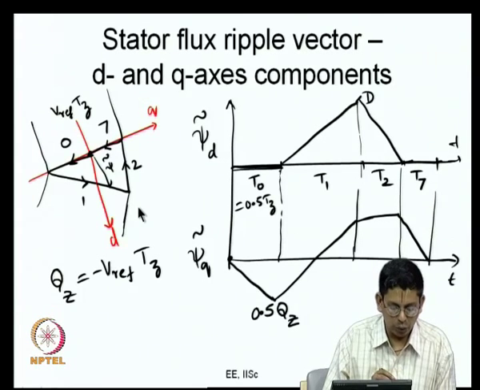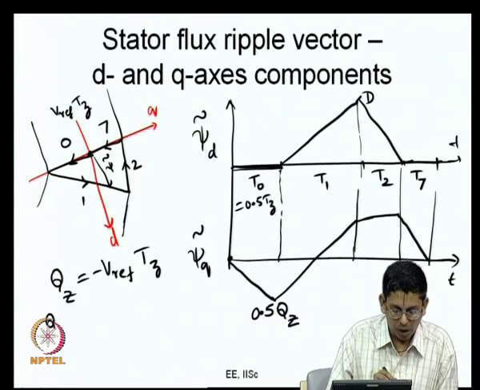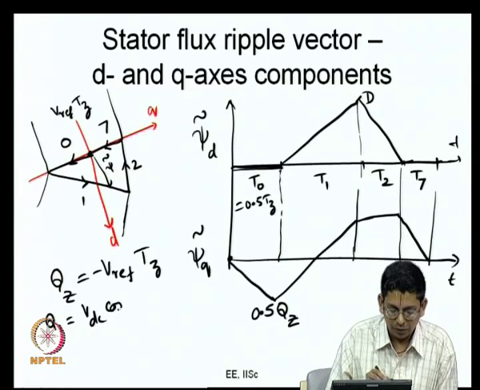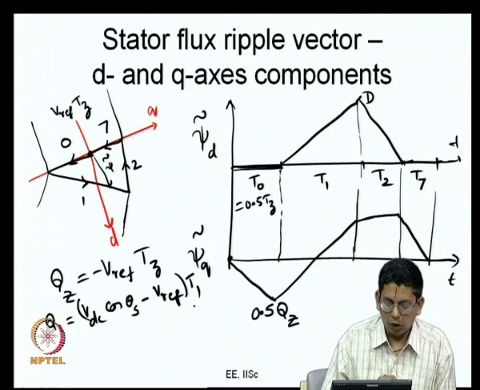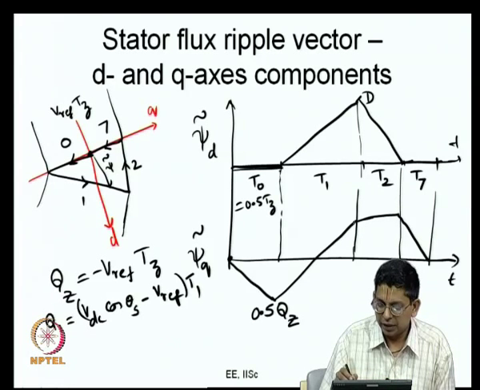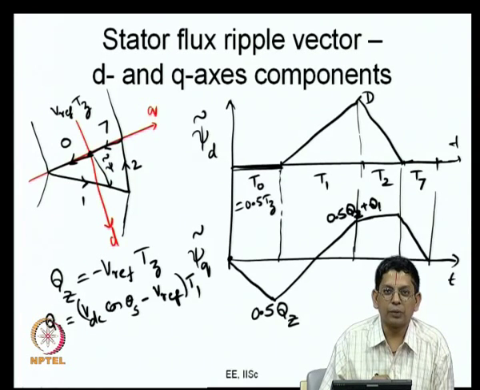If you look at its q axis component, q 1 is V d c cos of theta s minus V reference times T 1. So what would be your q axis value at the end of it? It will be 0.5 q z plus q 1, that would be the value there now.